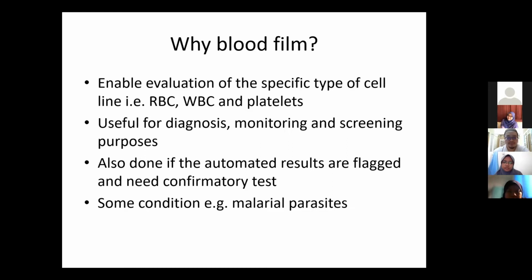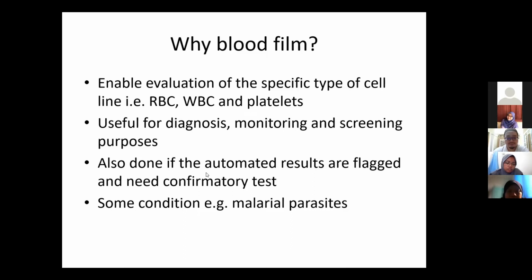And the blood film is useful for making a diagnosis. For example, if someone has anemia and appears pale, lethargic, when they present to the clinic, we want to then do the blood count. Yes, we can do automated blood counting, but sometimes when we look at the result, there might be something which is not quite right with the automated machine reading.